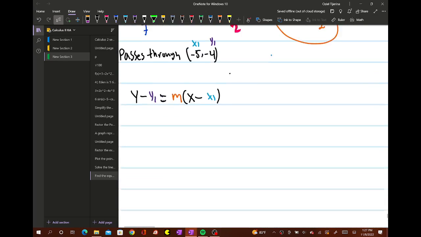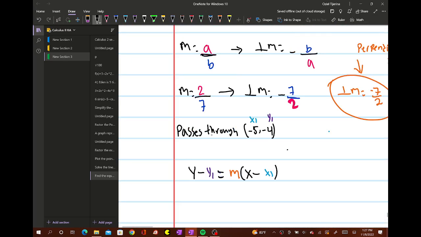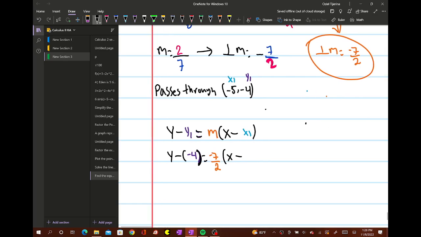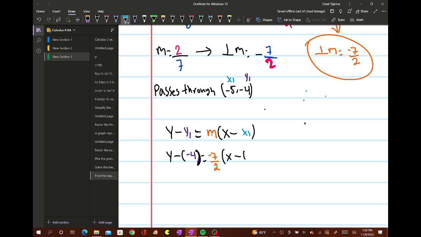Then we're just going to plug in our terms. So we have y minus y1, which is negative 4, is equal to our perpendicular slope, negative 7/2, times x minus x1, which is negative 5.